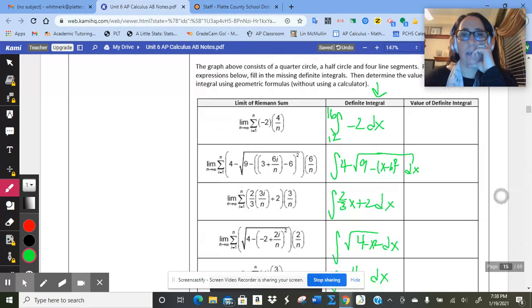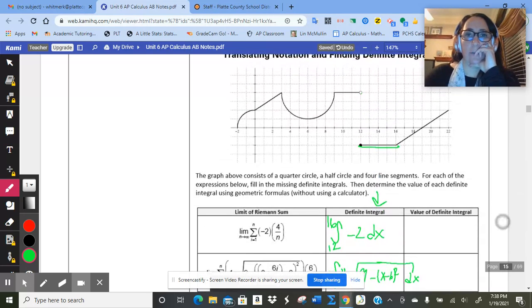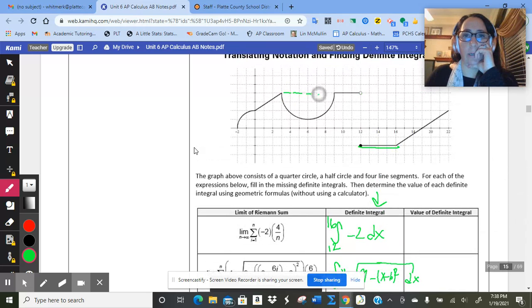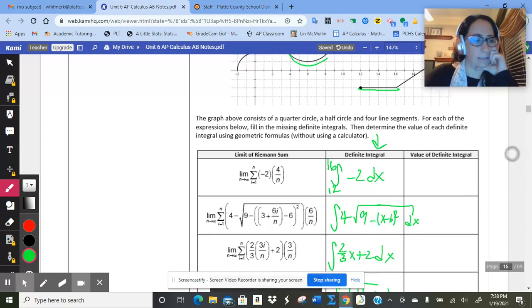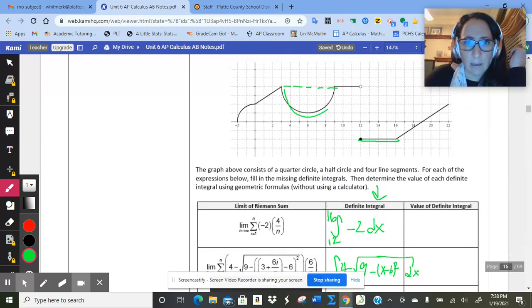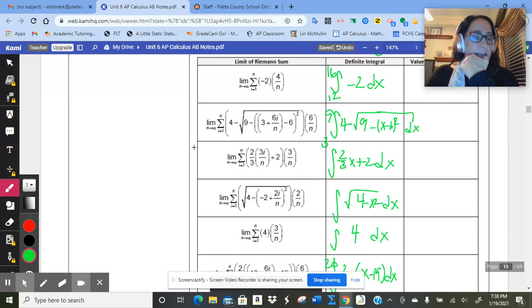This one looks like it is 4 minus this area going on here, so that is happening from 3 until 9. And that's how you had to do these. So see if you can keep filling in.